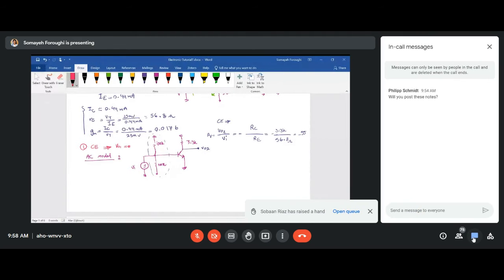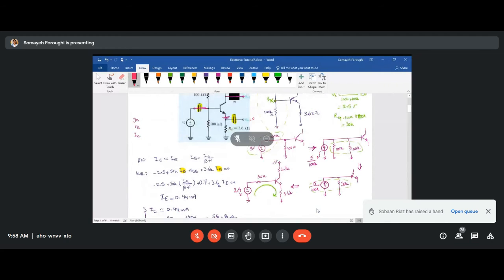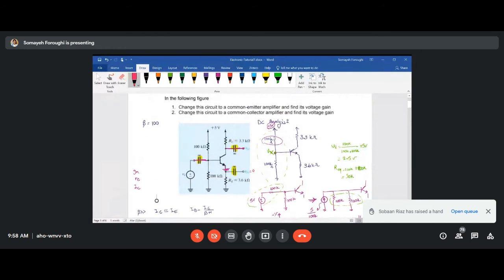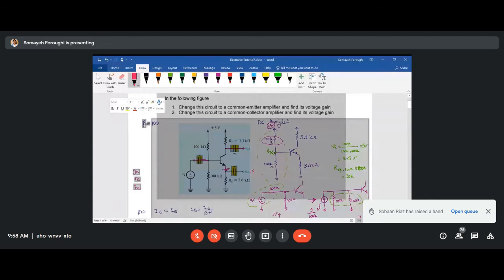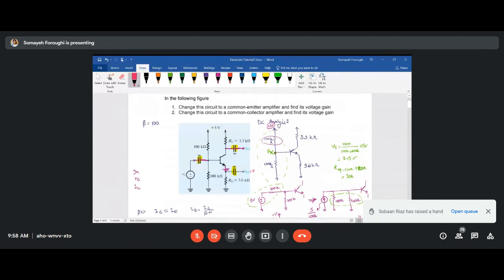Okay, now I need to do part 2. In part 2, you have the amplifier, and you have to convert it to a common collector amplifier and find its voltage gain. Remember, when you are talking about a common collector amplifier, it means that when all these capacitors are short circuit, you need to set VO2 equal to 0.